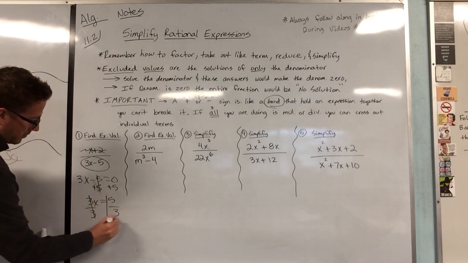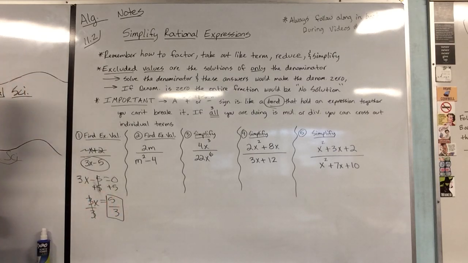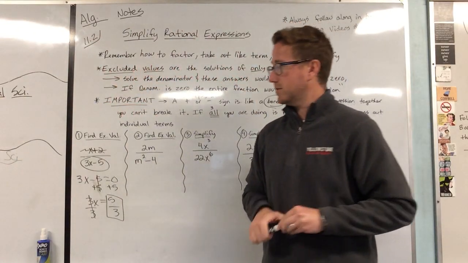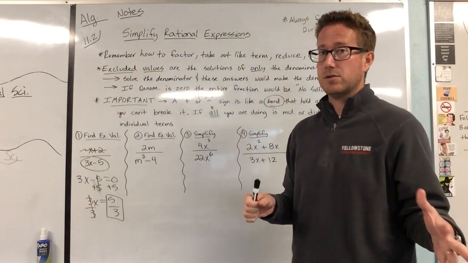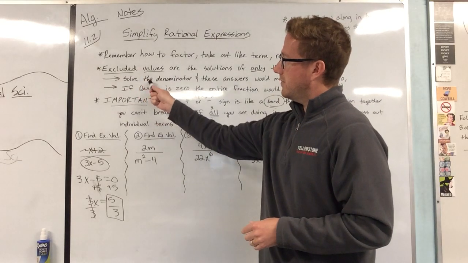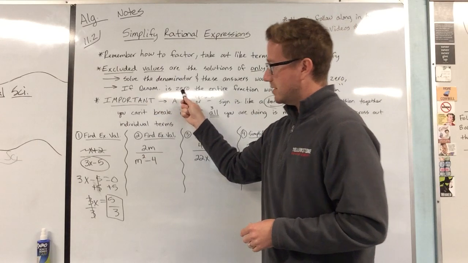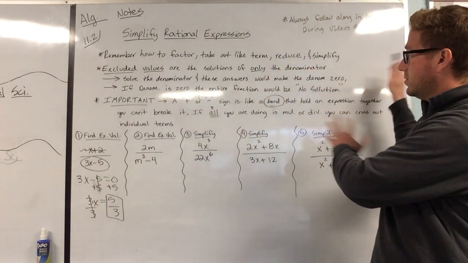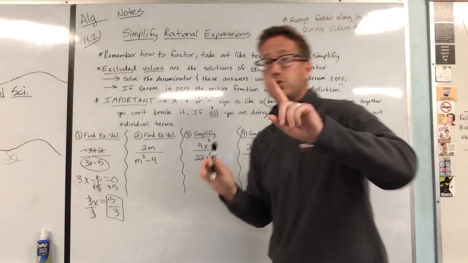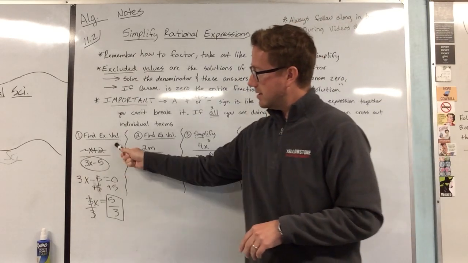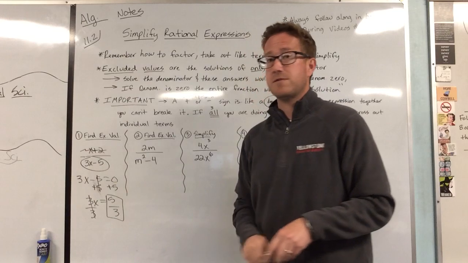And that right there, 5 over 3, that is your excluded value. So if that's all they ask for, just the excluded value, solve the denominator, and that would make the denominator equal to 0, which is what would cause the whole thing to have no solution. So don't write no solution. That's not what you're asked. You're asked to get the excluded value, which is 5 over 3.